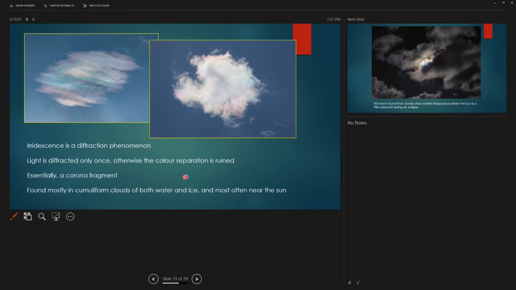You typically find them in cumuliform clouds because they like to have a pretty similar droplet size throughout the cloud to cause the coloring, and cumulus clouds tend to form quickly and with all the same kinds of droplet sizes until they get a little older and start to coalesce.